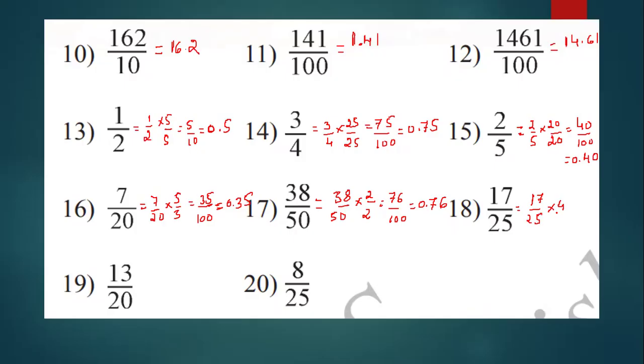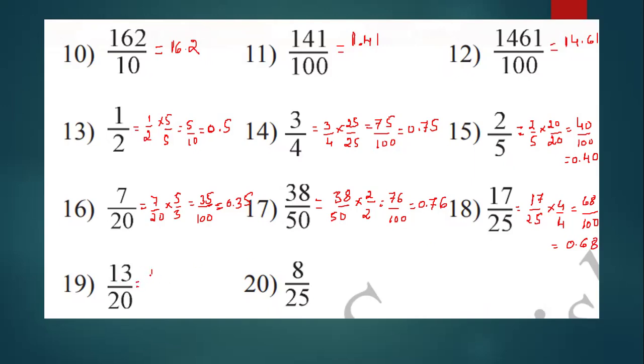Multiply and divide numerator and denominator by 4. This is 68 by 100 becomes 0.68.